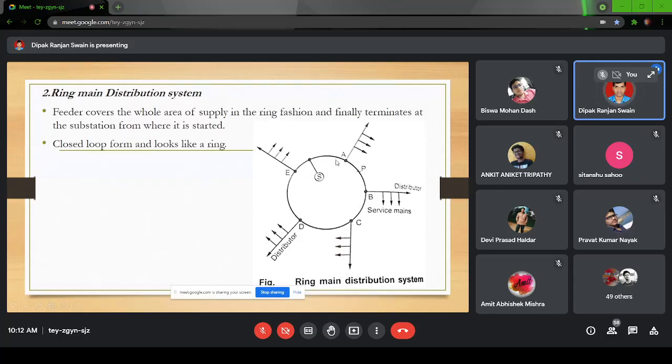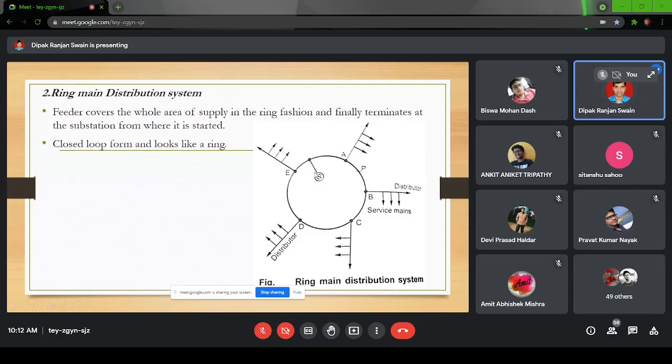Maybe you may ask, when you are creating a ring structure, we create it to get these feeders to carry a heavy amount of load, so that if required, you can transfer the power from the other side. So the B point will get the power from the other side, even if this line is shut down due to maintenance or some other purpose. That is the advantage of having a ring system.